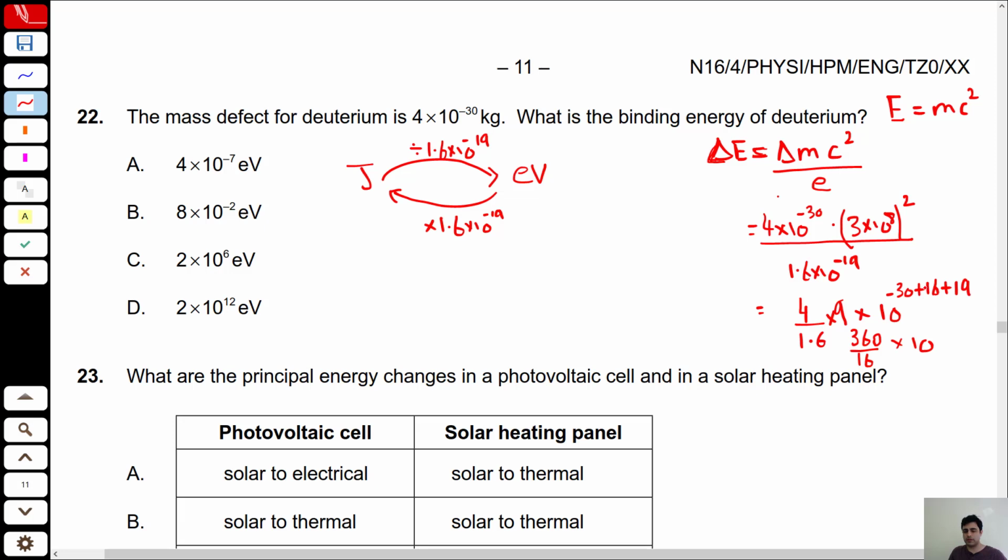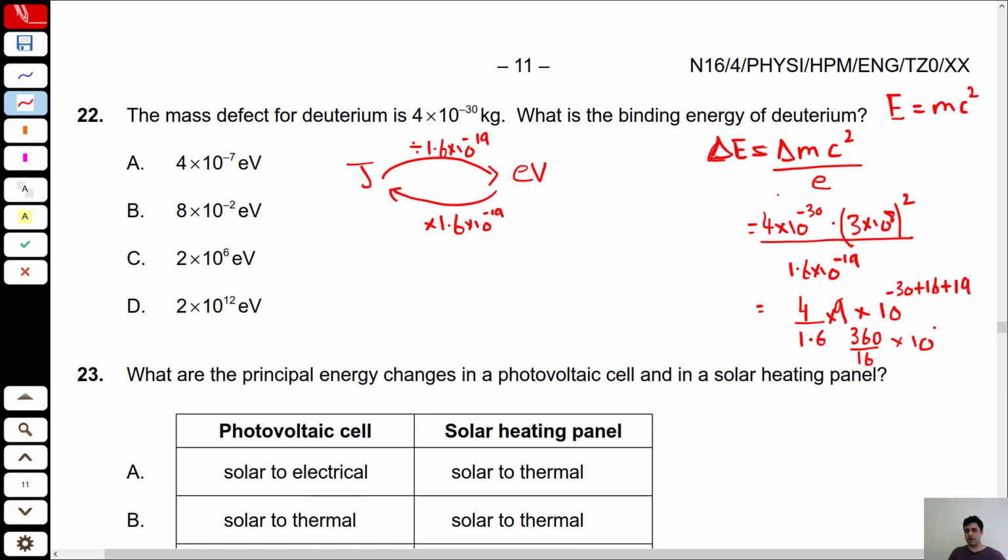Yeah, negative 15 plus 5. 360 divided by 16 is around 2.25 times. No, it's going to be, calculators are not allowed, just do it by hand, 22.5 times 10 to the power 5.